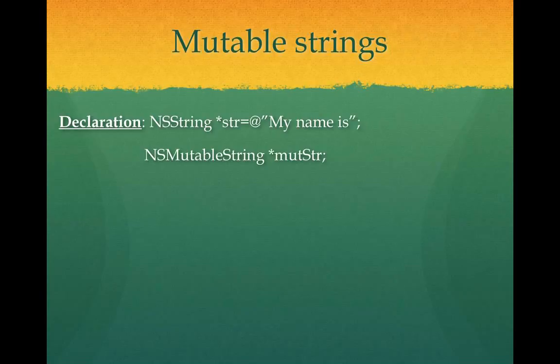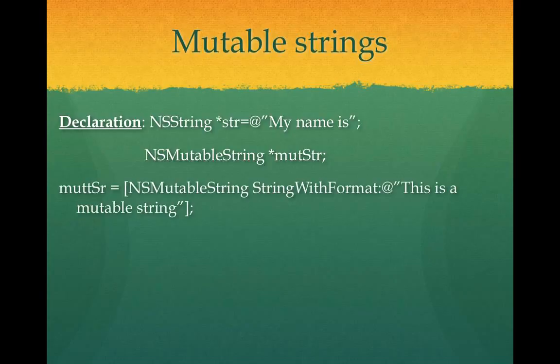So how do I assign a value for this mutable string? There is a method to call, and it is okay. Use this way to assign a string to your mutable string. Sorry, mutstr, it's supposed to be str. I'm sorry.